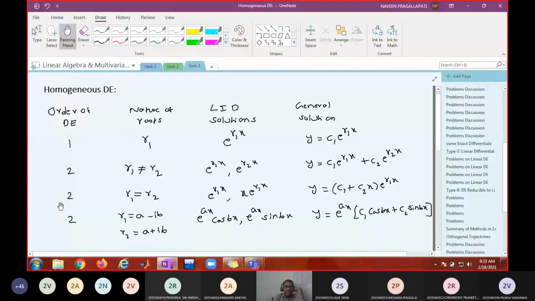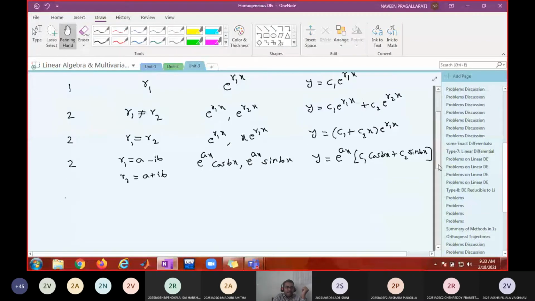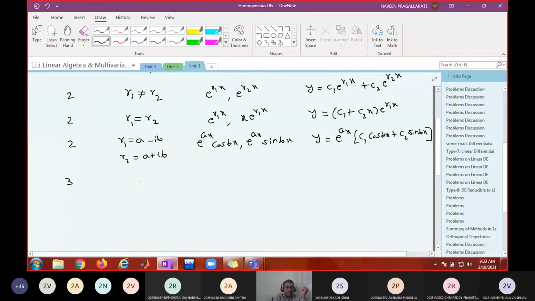Yes, sir. Right. Now we'll go to third order. For a third order, how many roots will be there? 3. So 3 roots may be distinct or equal. If all the roots are distinct, R1 different from R2 different from R3, then the independent solutions are e power R1x, e power R2x, and e power R3x.